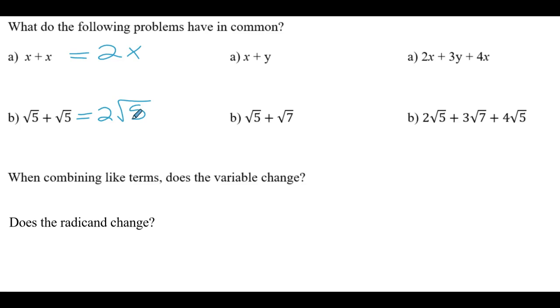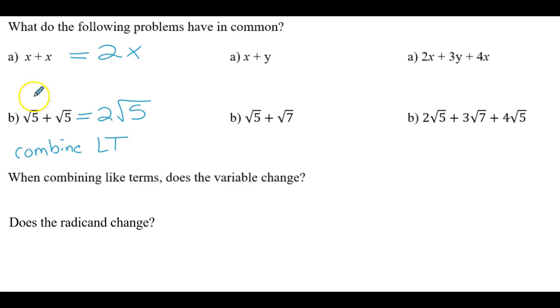So just like the x's above, I have something plus the exact same thing, that is 2 of that thing. So really, we're just combining like terms here. I'll put combine LT, combine like terms.